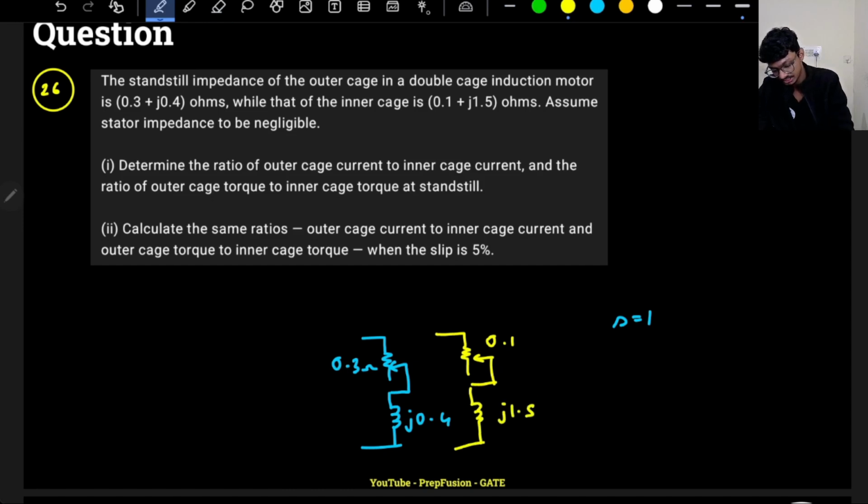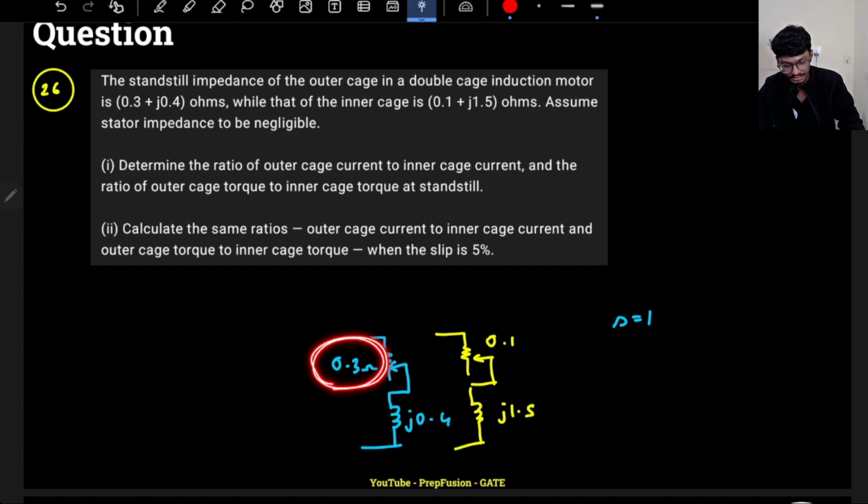Remember, all these are with respect to slip equal to 1. So this is 0.3 divided by S where S is 1, and this is 0.1 divided by S where S is 1.